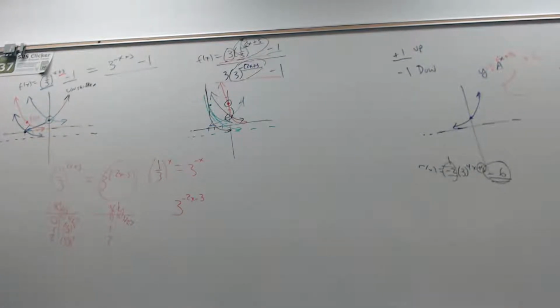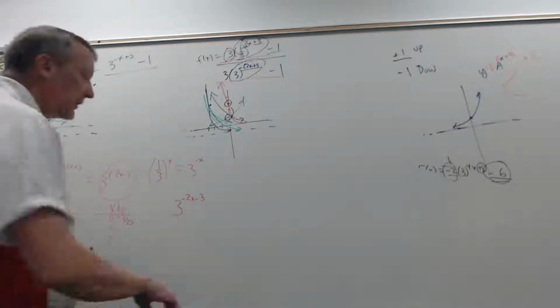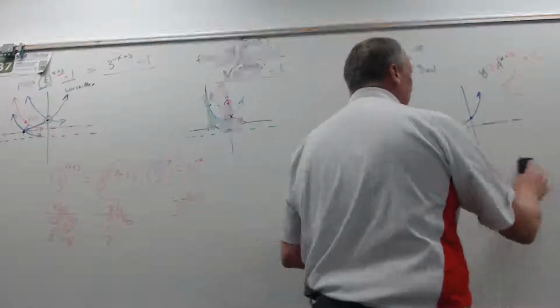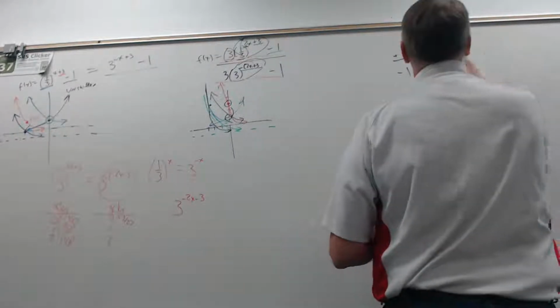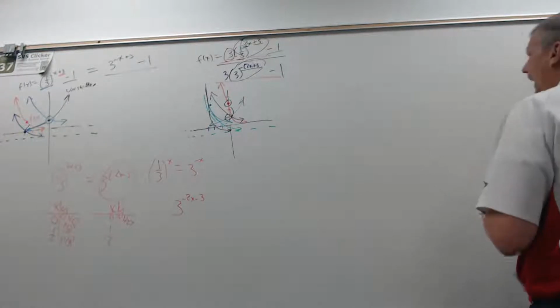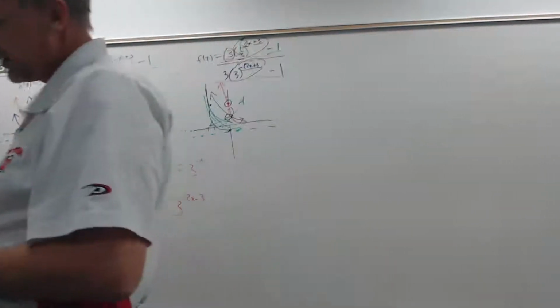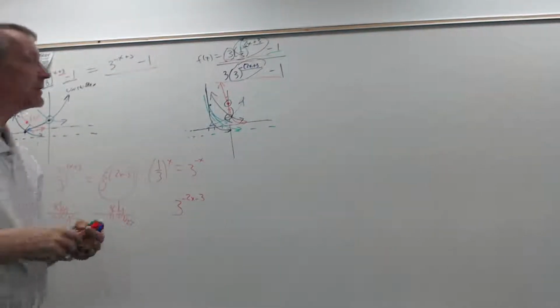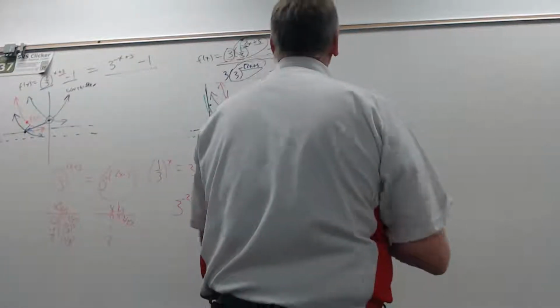Okay? All right. Now, the last thing that I want to do in section 4.1, 4.2 is short, so that's kind of nice. And it's more of the same. But there is this, and I actually was looking, I don't think I gave you very many good compound interest problems. This is what we call the compound interest formula.